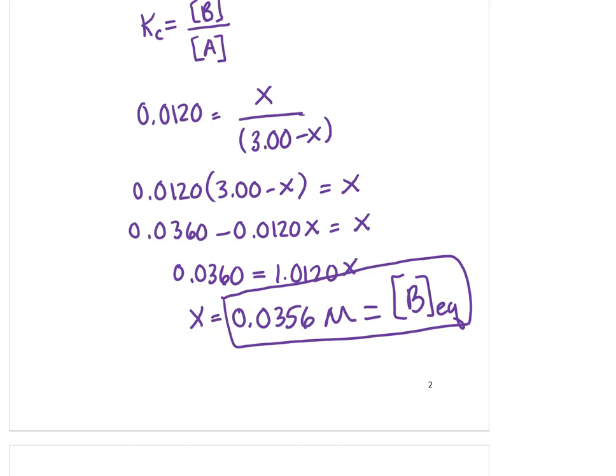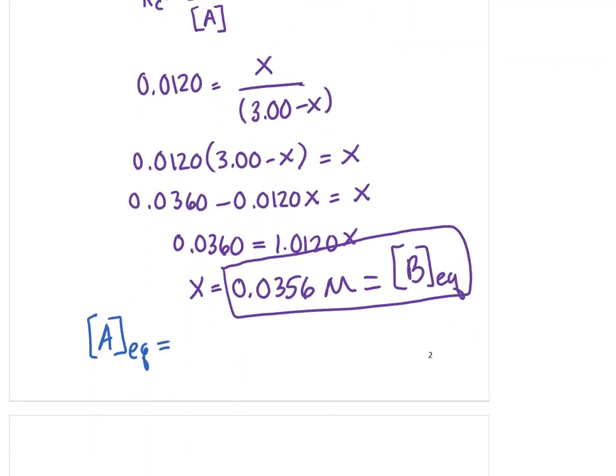On this one, we're not adding or comparing it to anything but 0. So for sig figs, you should go with 3 because that's what the equilibrium constant had. On A though, let's look at A. A is equal to 3 minus x.